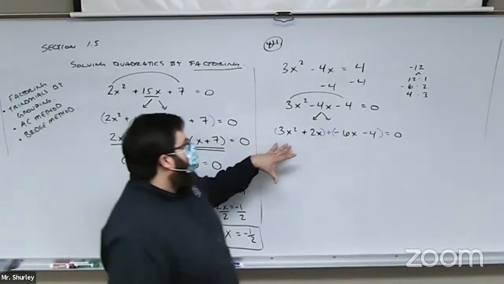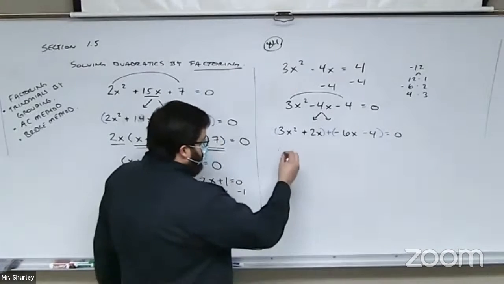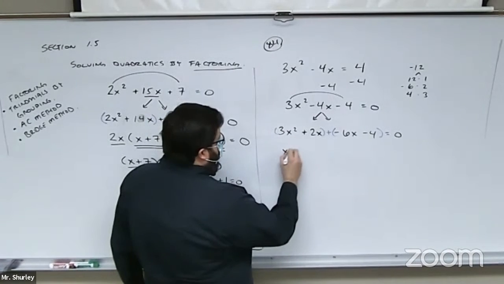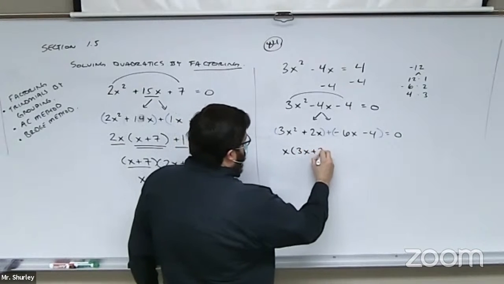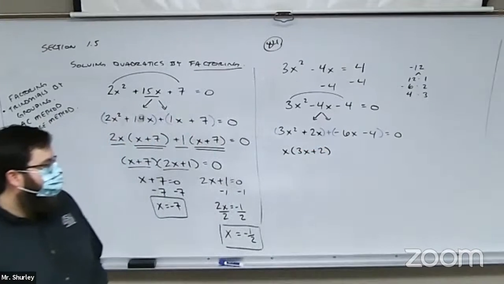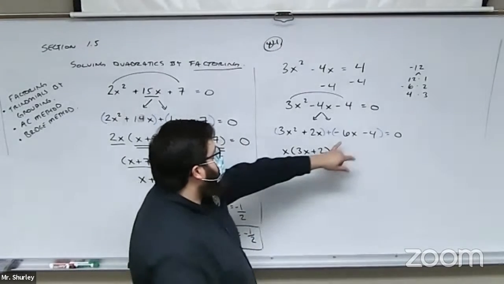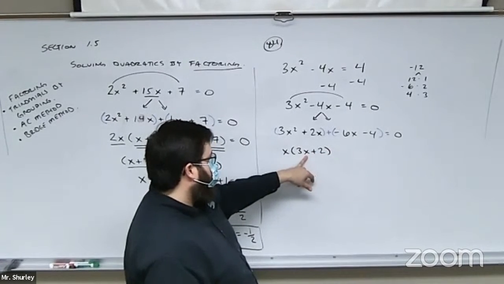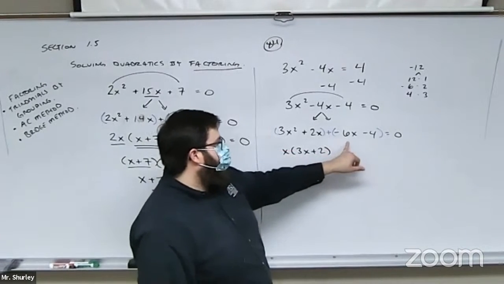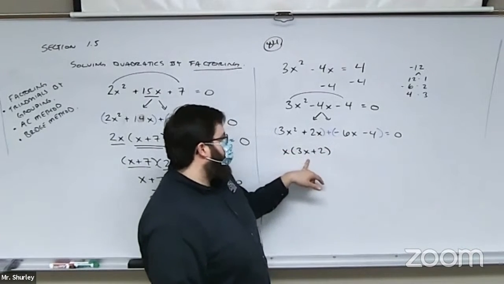Okay, so let's factor the first set out. Look, we can only factor an x out, right? 3x plus 2. And in the second set, I want it to match. So what do you think I need to factor out here to match this first set?